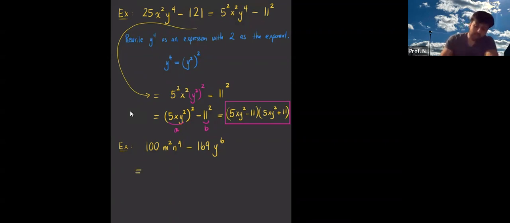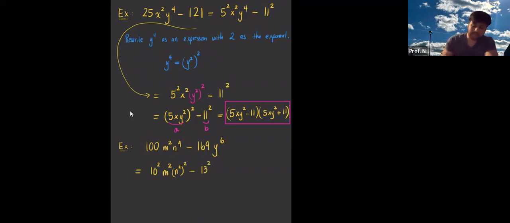What do we notice? We notice that the coefficients 100 and 169 are perfect square numbers. So I can rewrite 100 as 10 squared. I have m squared, and we just discussed the y to the fourth; in this case I have n to the fourth, so I can rewrite n to the fourth as n squared, squared. 169, I can rewrite as 13 squared.